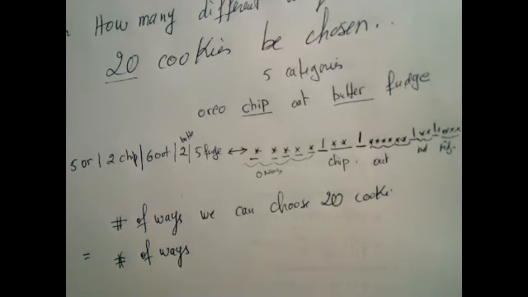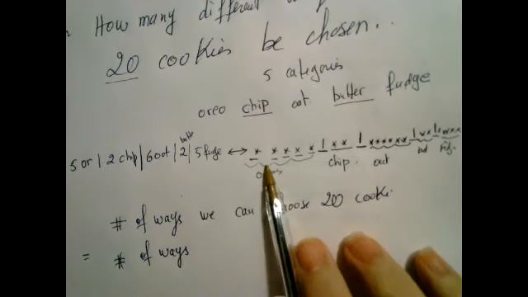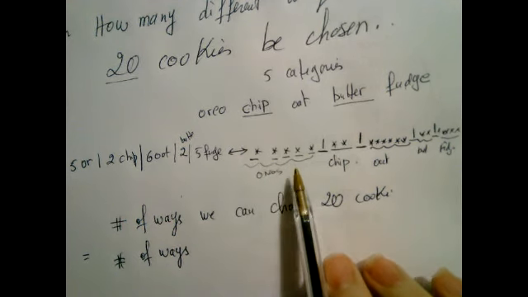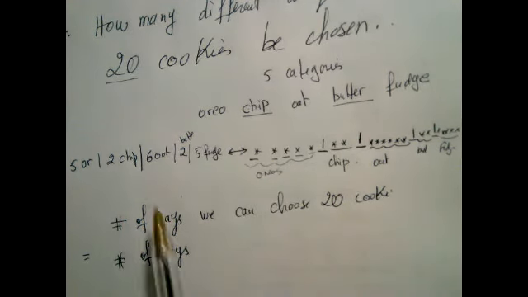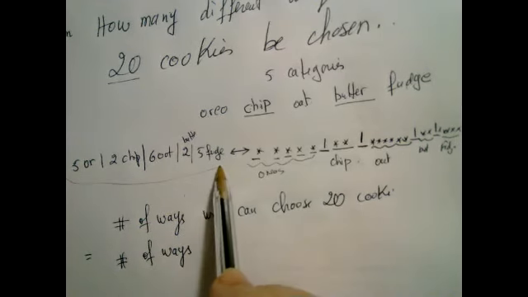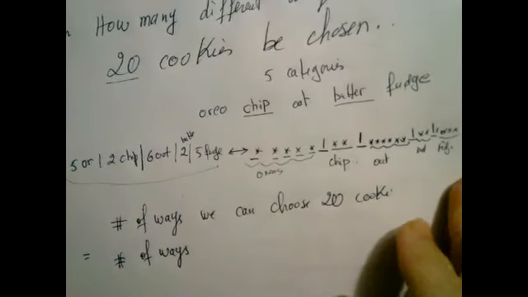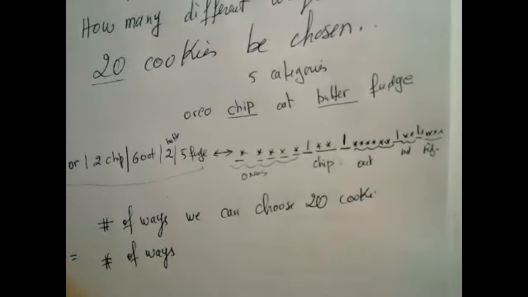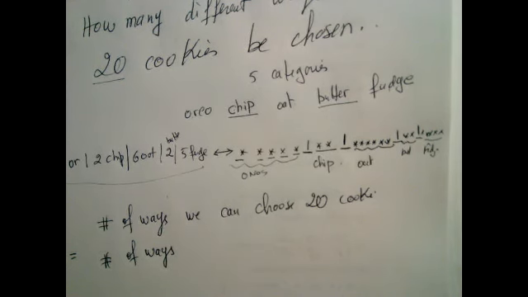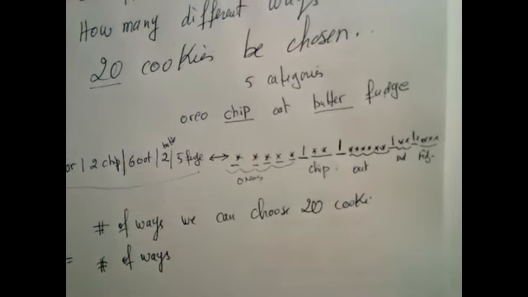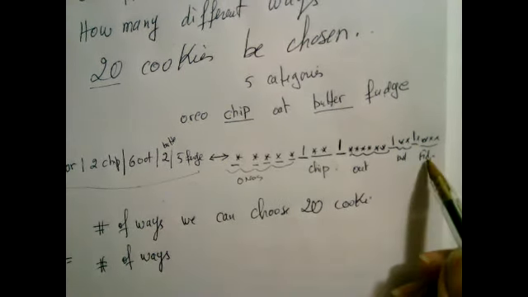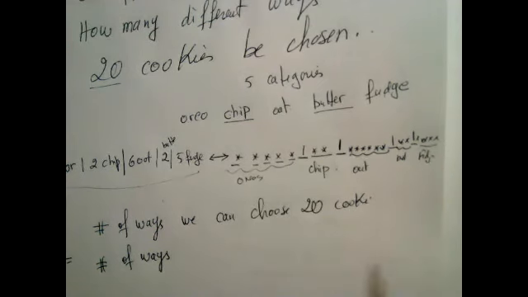All right, now number of ways what? How are we thinking about this problem? The number of ways we can make a selection is the number of ways we can do what? So to every choice, I'm associating a binary string.